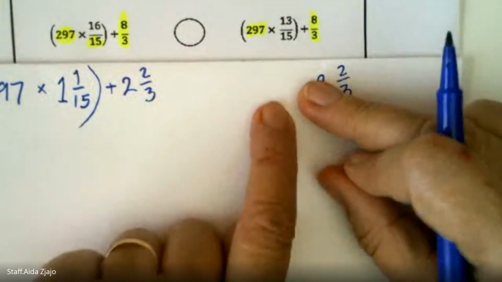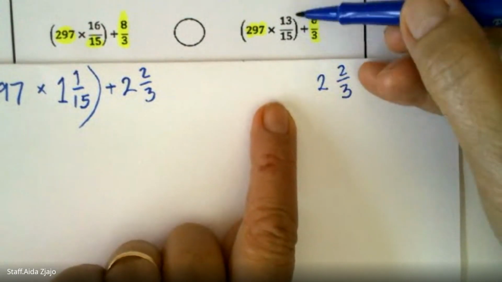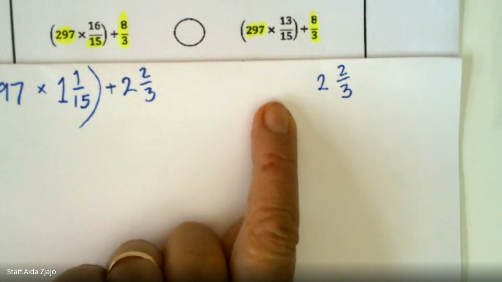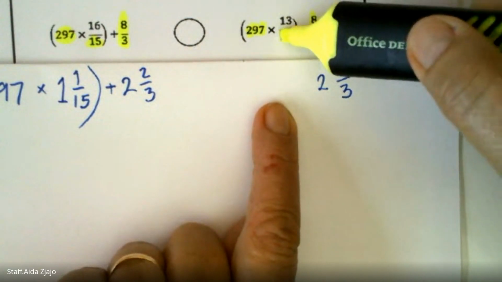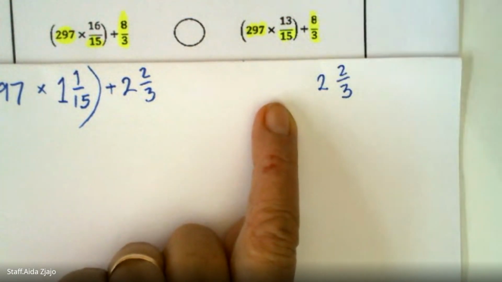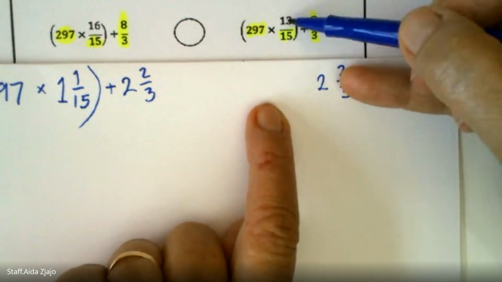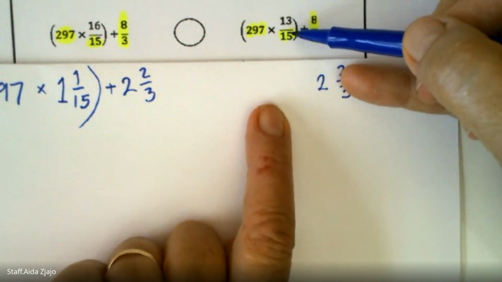And on this side, you have 13 pieces, and a whole is made of 15. So you don't even have a whole here yet. So this is less than a whole.